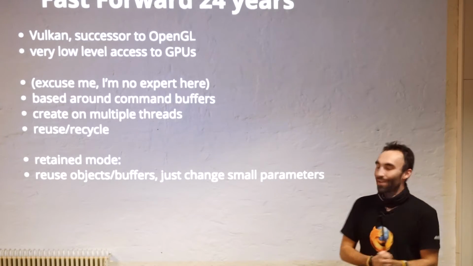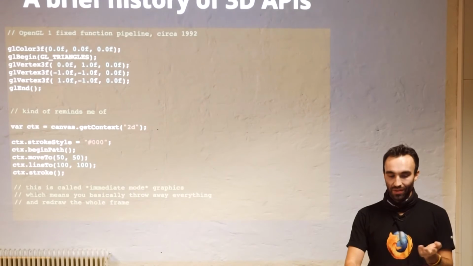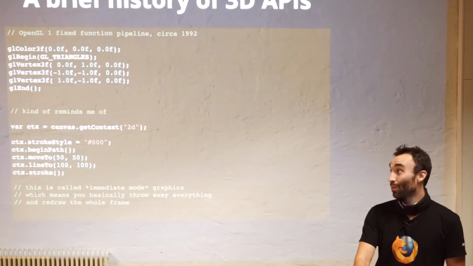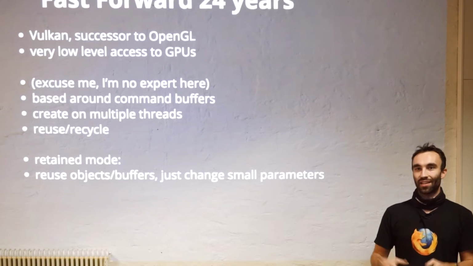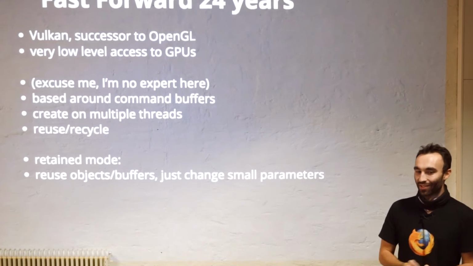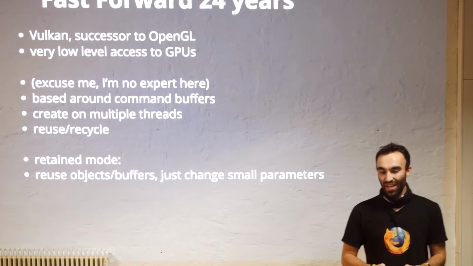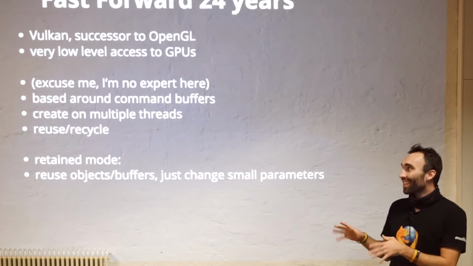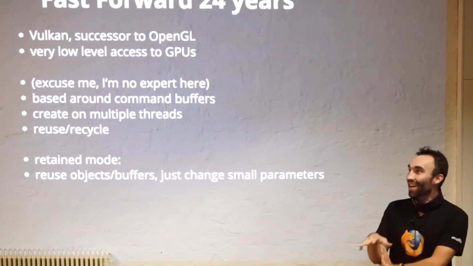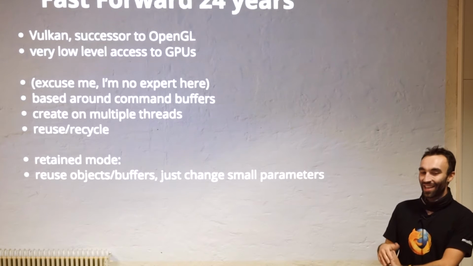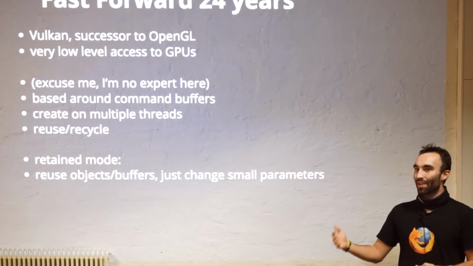Well, fast forward 24 years. So 2 slides ago, I showed you the API of OpenGL 1. Now we have something called Vulkan, which is like the really hyped successor to OpenGL, which has a very low-level access to the GPU. And well, I might not be that kind of an expert on low-level 3D graphics, but as far as I understand it, Vulkan is basically based around a concept called command buffers.